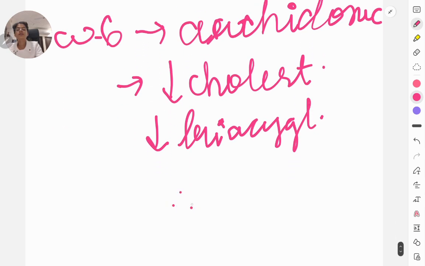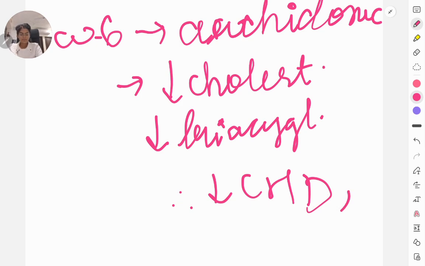Thereby it is reducing the risk of coronary heart diseases or the tendency of thrombosis. Since it is decreasing coronary heart diseases and thrombosis, it is thereby called conditionally essential.